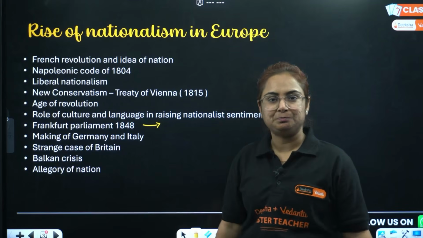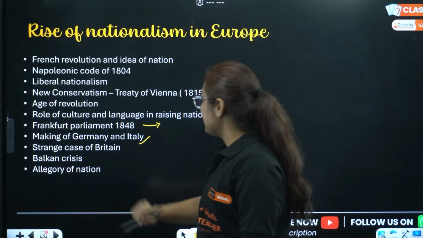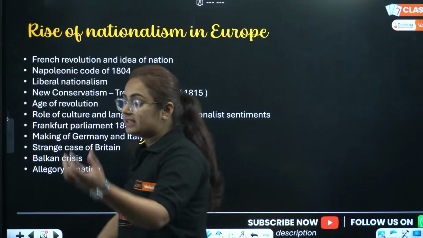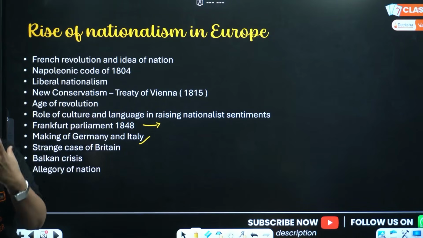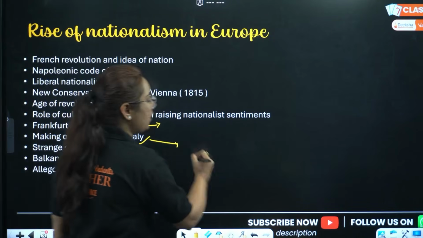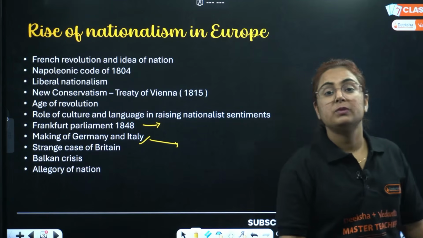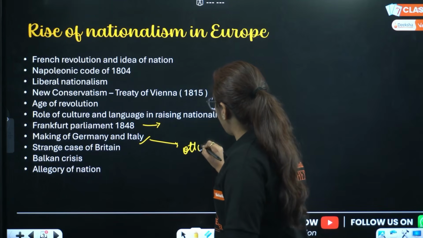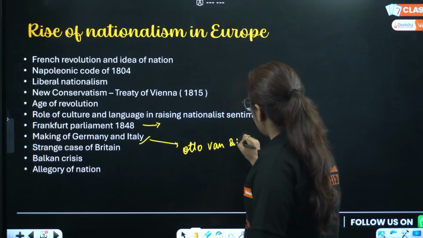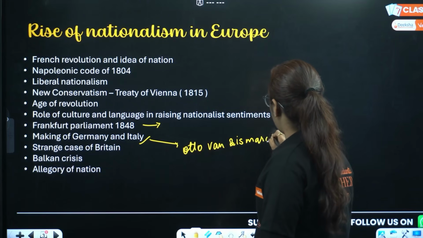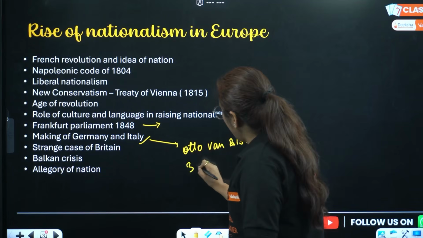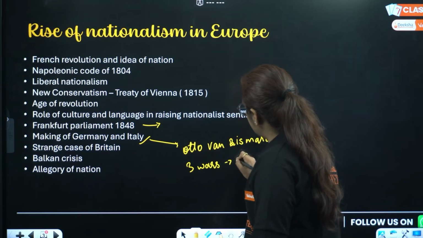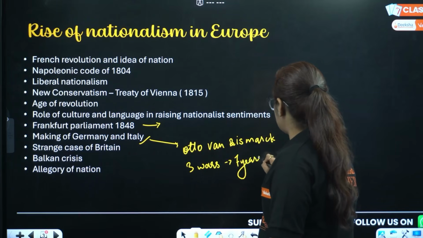Yes, they will. That's the making of Germany and Italy. If you remember, these are the most important topics, the crux of this chapter. The making of Germany and Italy. We know that when we study Germany, there is a person, Otto von Bismarck, who fought three wars over seven years, resulting in Prussian victory.